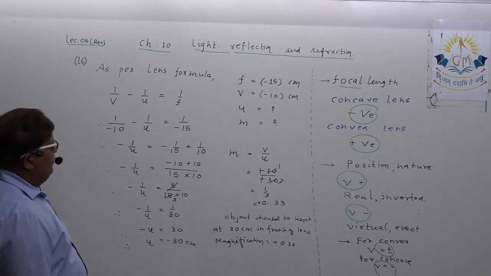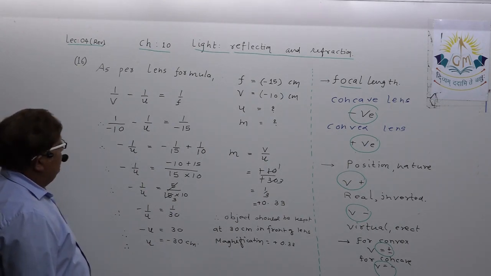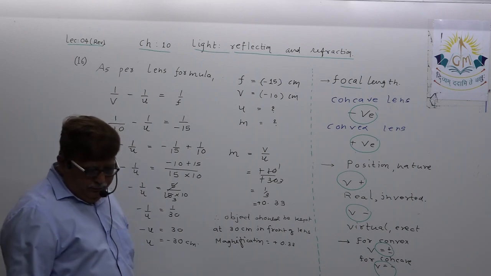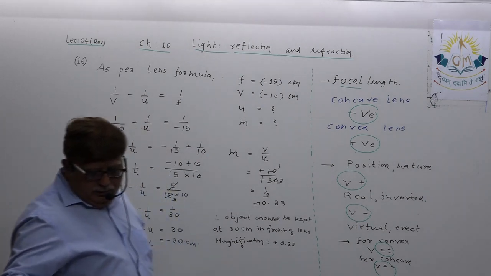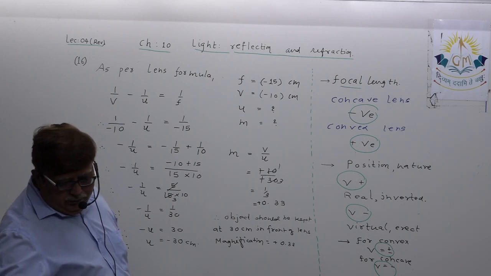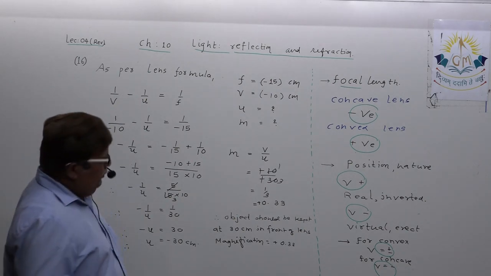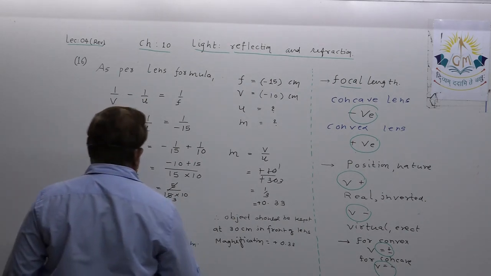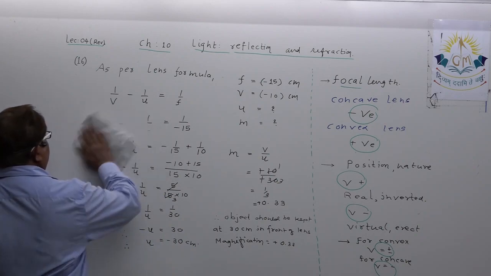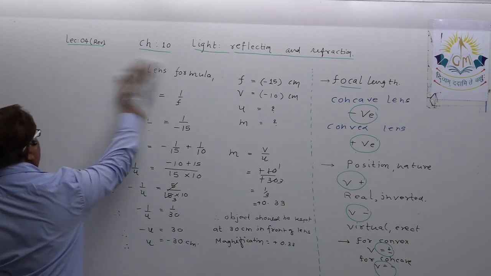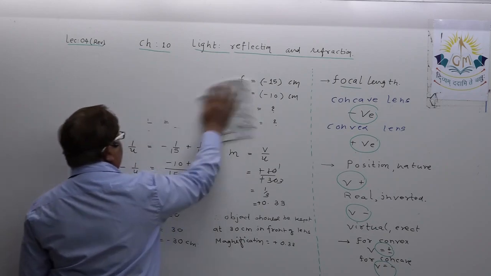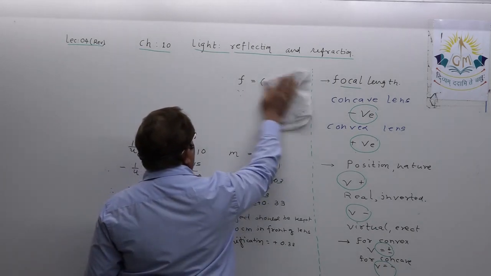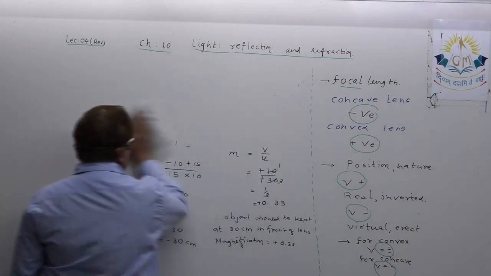Understood? Okay. Now, dear student, as from your PDF, you see sum number 17 we are targeting. Okay. Sum number 17.